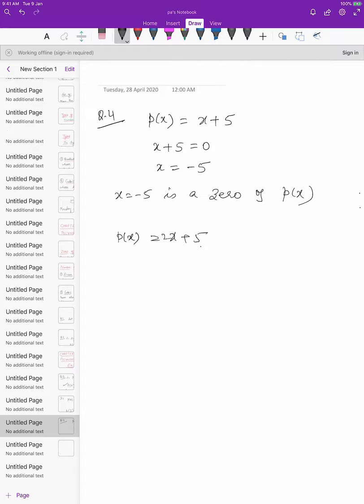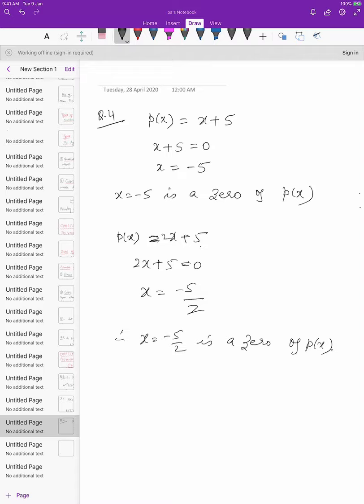What is the zero of this polynomial? Directly, if you can't think of it, just put the polynomial equal to 0 and find out the value of x. It is coming out to be minus 5 by 2. Therefore, we can say x is equal to minus 5 by 2 is a zero of the given polynomial p(x).